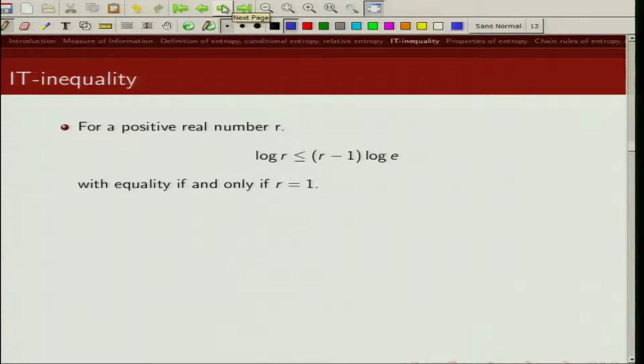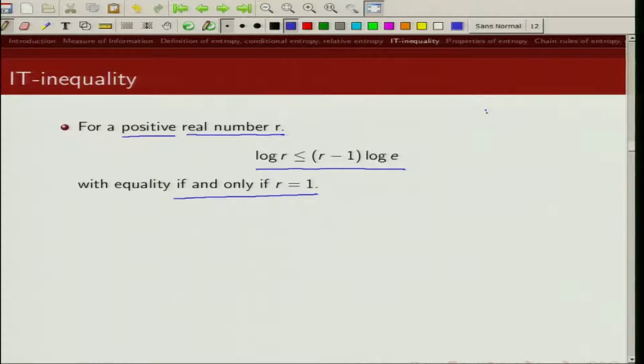Now let us prove an inequality which will be very handy in proving a lot of results related to entropy. Let us consider a positive real number r. Then we can show that log of r is less than or equal to (r minus 1) log of e, and equality happens if and only if r is equal to 1.